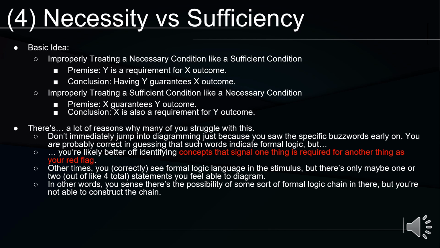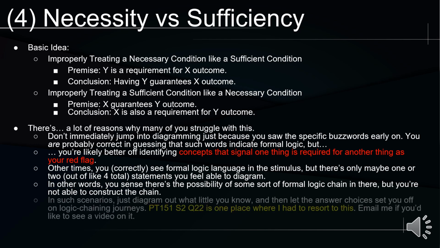They don't really do it that often anymore, but it used to be a staple of late section questions where they'd give you a big old chain of formal logic, except that there would be a gap or a break in that chain, and we would be responsible for identifying that break. But either way, there's the sort of chaining mechanism in the stimulus. And you're looking at this particular stimulus, and you feel like it's there, but you don't know how to construct or draw it. That's okay.